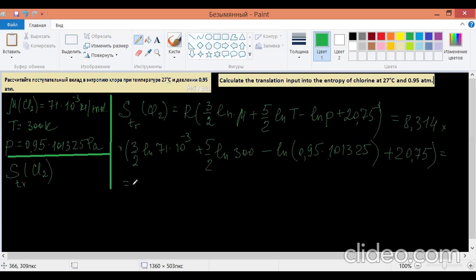And if you've got a calculator and do the calculation, the final answer should be 162.68 joules per mole Kelvin. This is the answer. That's it.